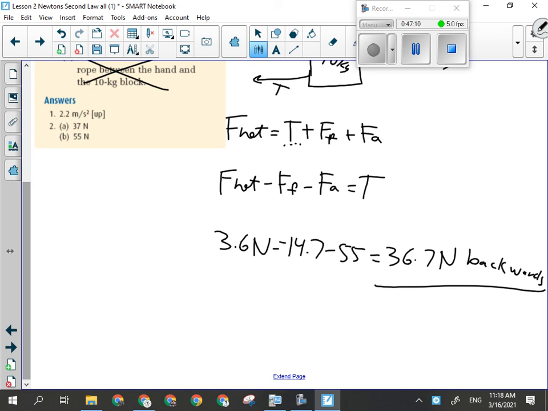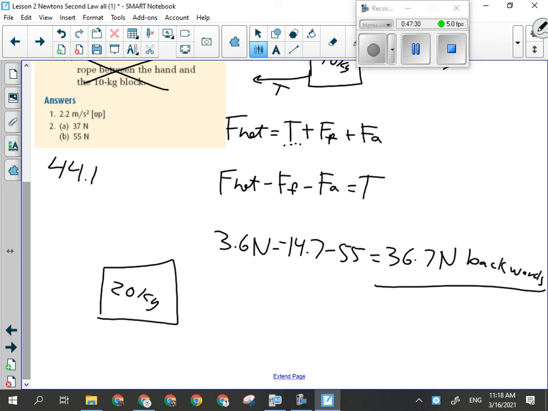So that was one way to solve that. Sorry, everyone okay with that? Here's the other way to solve it. I can use the 20 kilogram box to solve this as well. They told me in the first question that the total amount of friction on the whole system was 44.1 newtons.